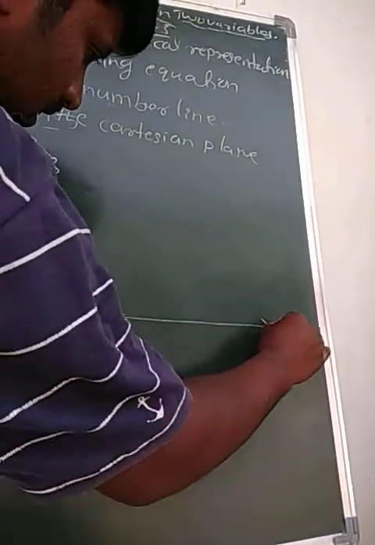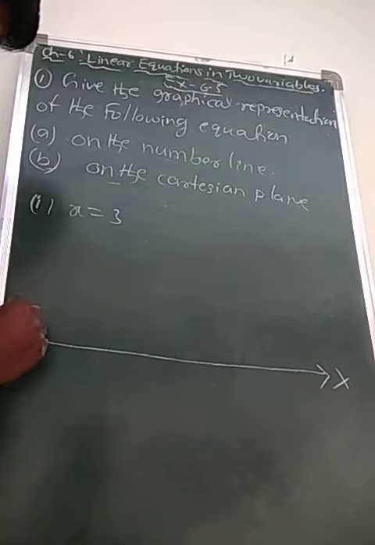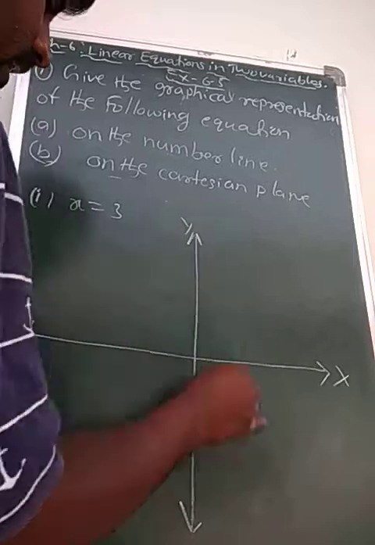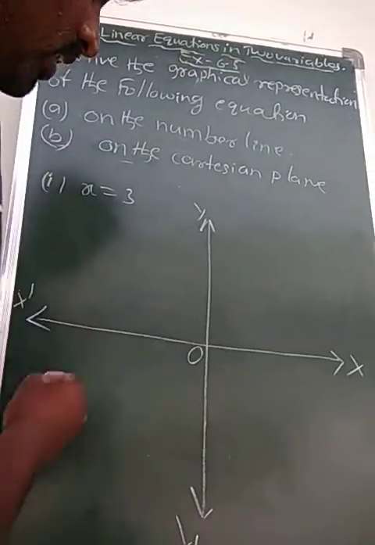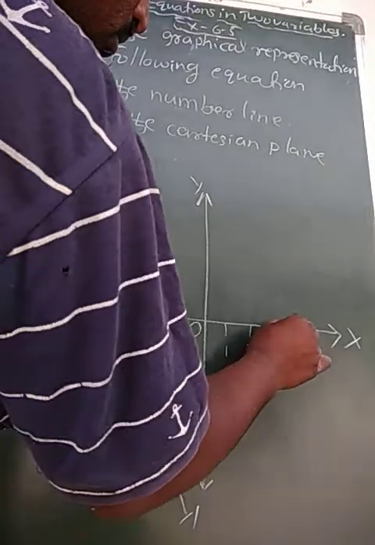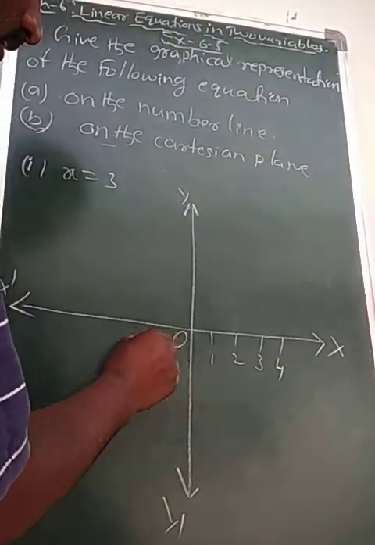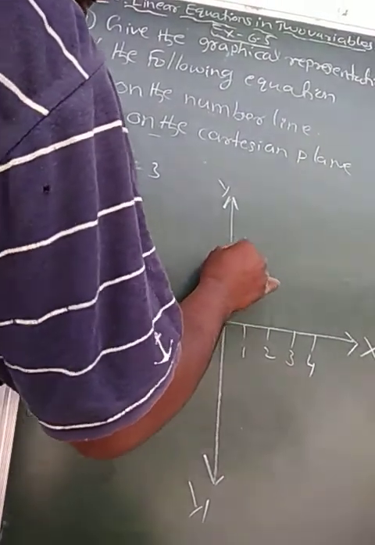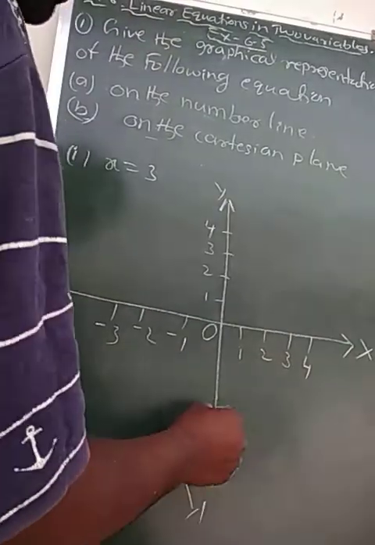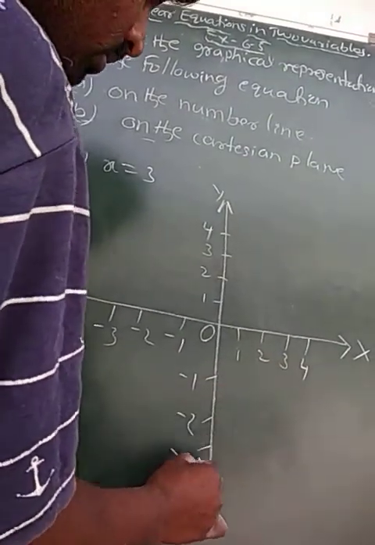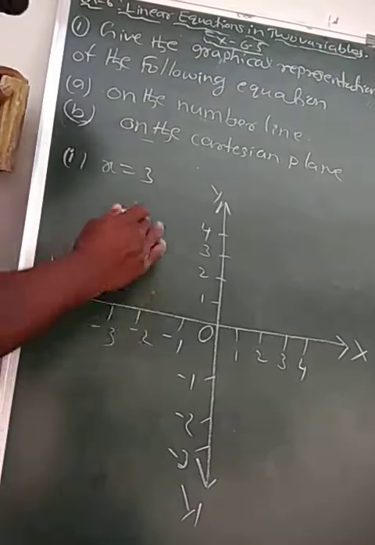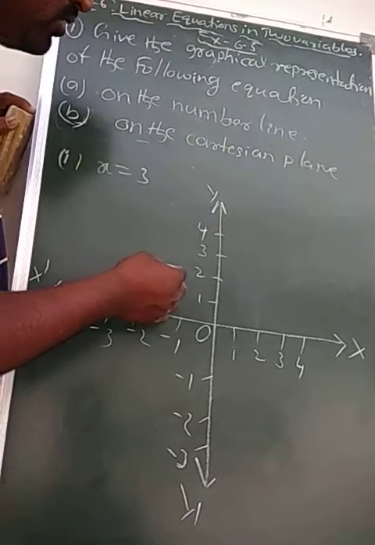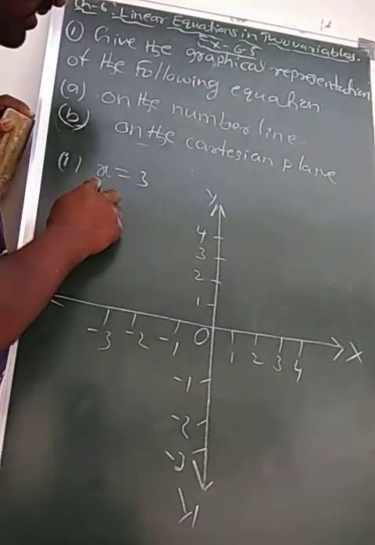On the Cartesian plane, we should draw the x-axis and the y-axis, y dash. This is the origin. So 1 2 3 4, minus 1 minus 2 minus 3, 1 2 3 4, minus 1 minus 2 minus 3. Okay students, this is the Cartesian plane. So in that I am going to draw the graphical representation of x is equals to 3.